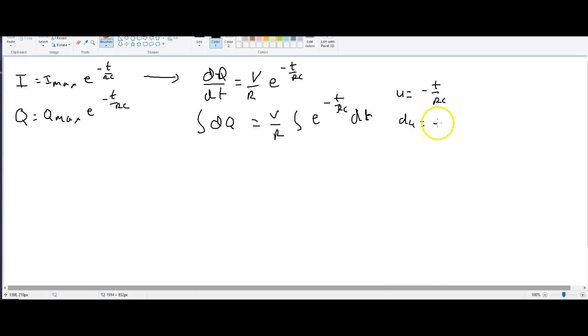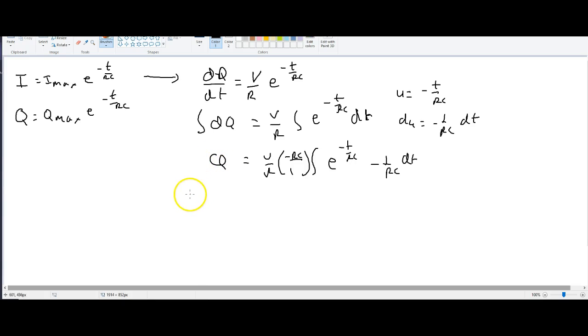Du, therefore, equals negative 1 over RC dt. So when I set this up, I'm going to need V over R, and I need a negative 1 over RC here. So I'm going to have to put a negative RC on top over 1 out in front, e to the negative t over RC.